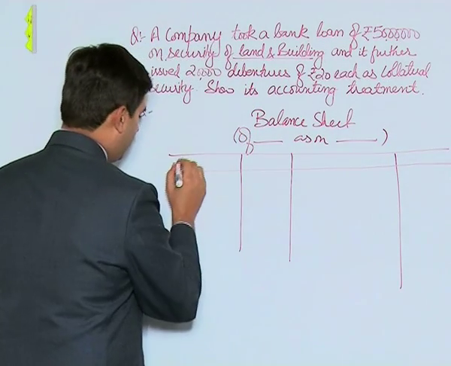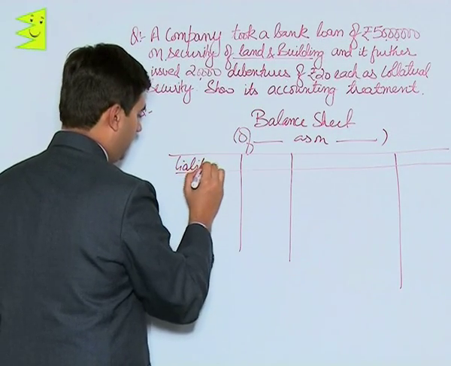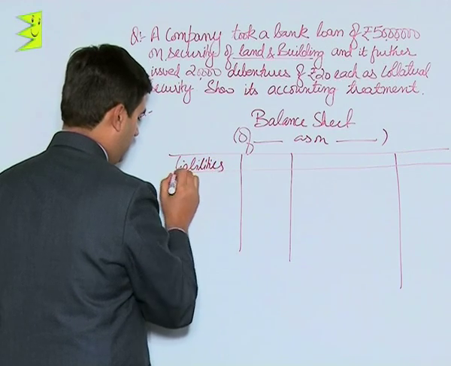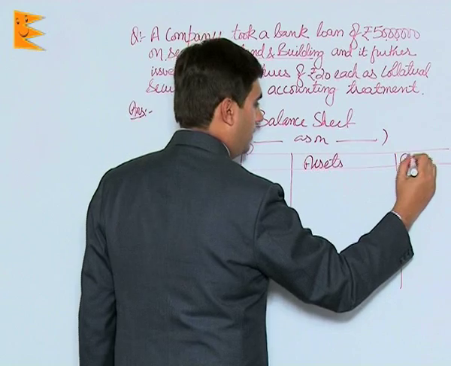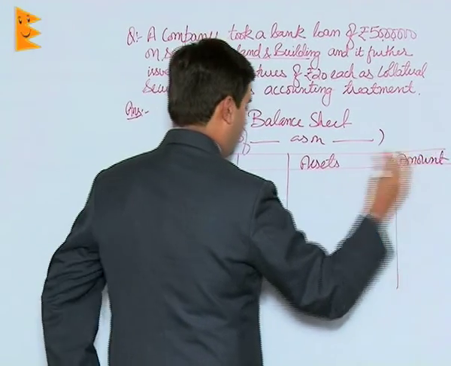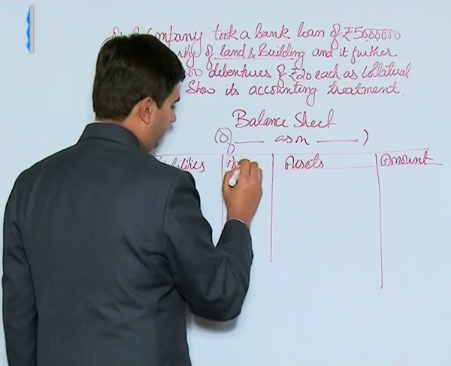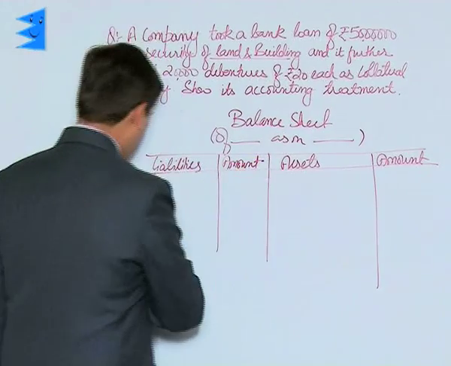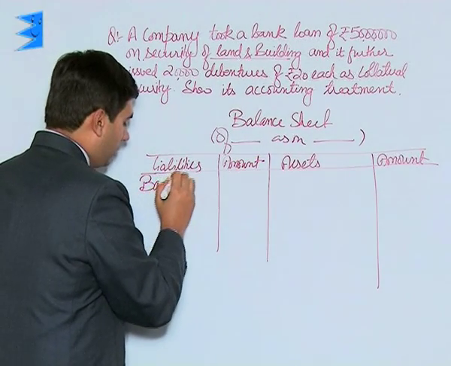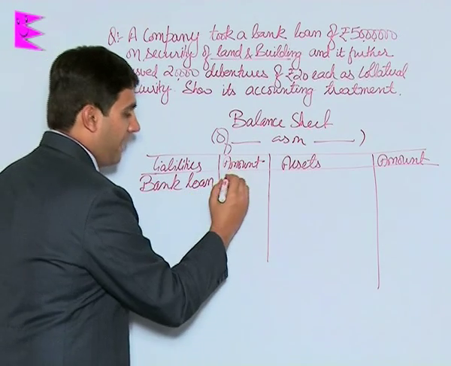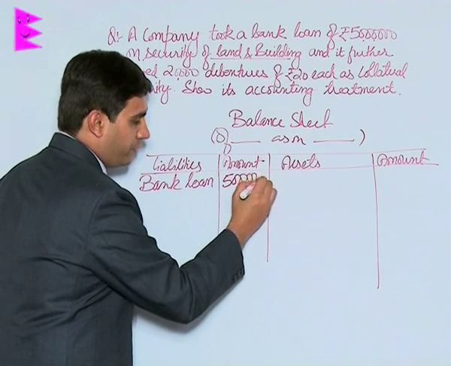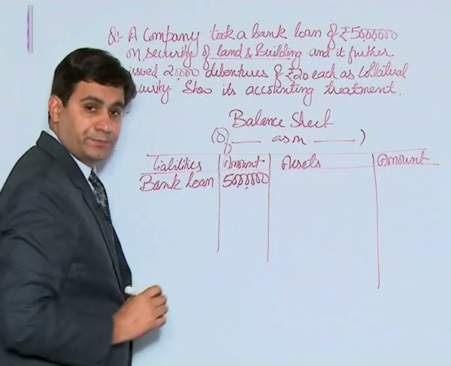We will have assets and liabilities. The first would be on the liability side as bank loan. This is the first entry, and the bank loan was for rupees 50 lakhs.